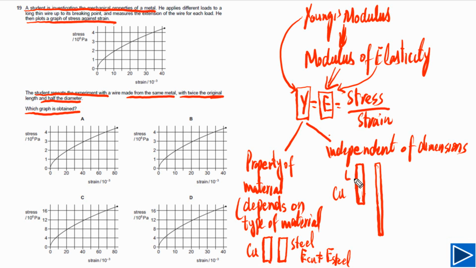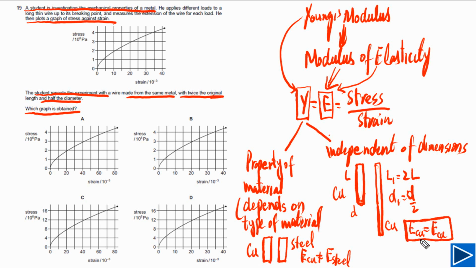But for this wire the length is L, and for this wire L1, let's say, is equal to 2 times L, and let's say the diameter of this wire is D, and the diameter of the second wire is D by 2. Now these two wires are made of the same material. Even though the dimensions are different, Young's modulus for these two wires is the same because they are made of the same material.